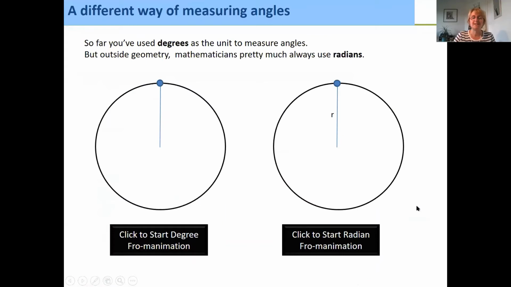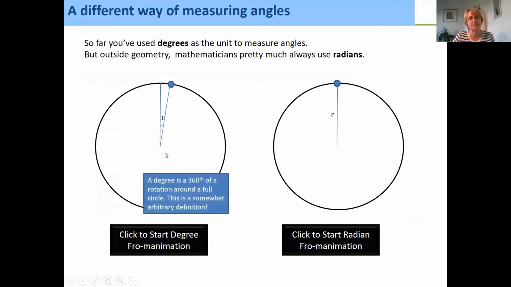But what if we don't split a circle into 360 parts? So this is what 1 degree looks like. In fact, that's a little bit large for 1 degree, but it's 1/360th of a circle. If instead, though, we define a new way of measuring an angle like this, this is a radian.